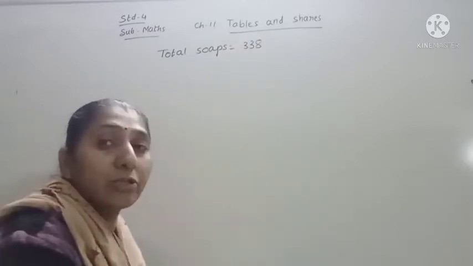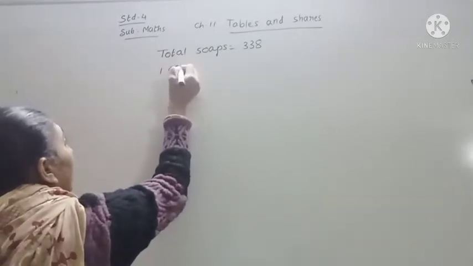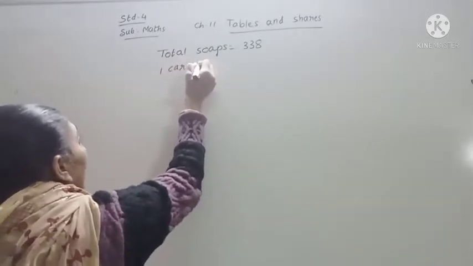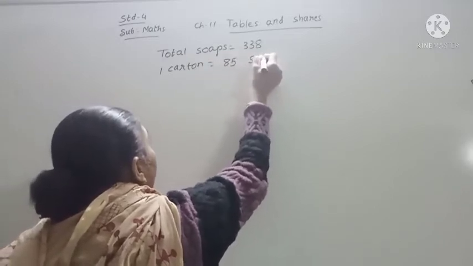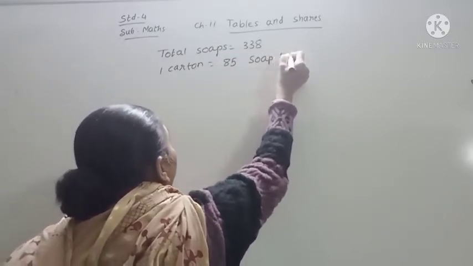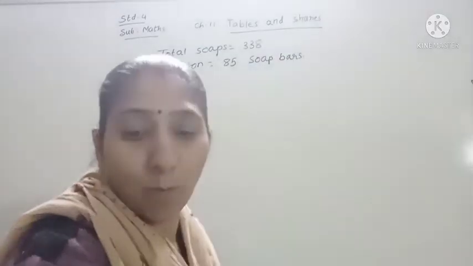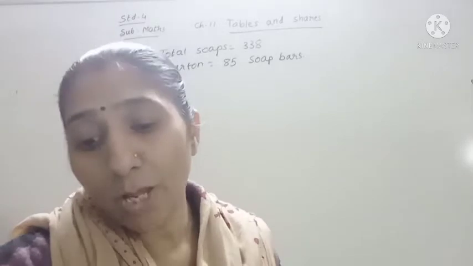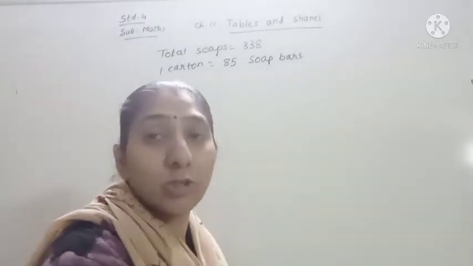In one carton she is packing how many soaps? One carton is equal to 85 soap bars. Now how many cartons does she need for packing 338 soaps?